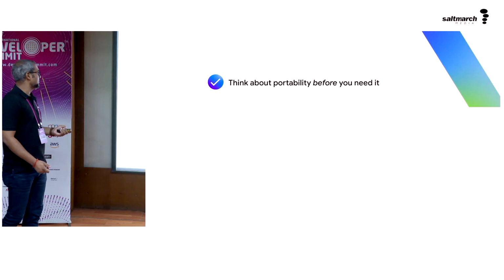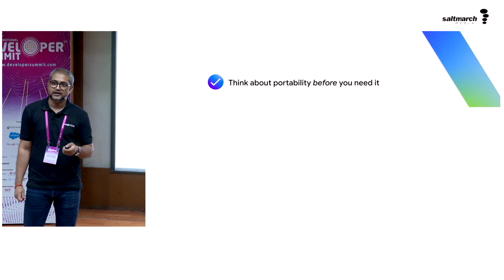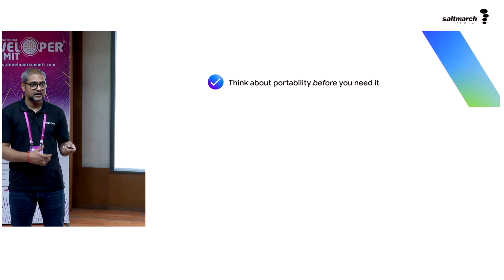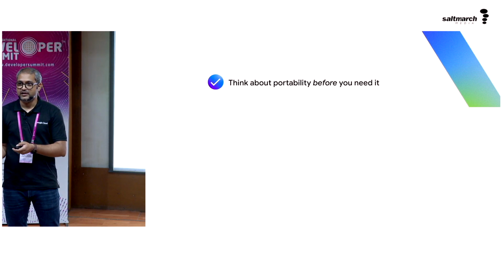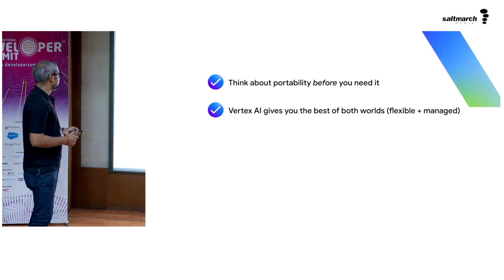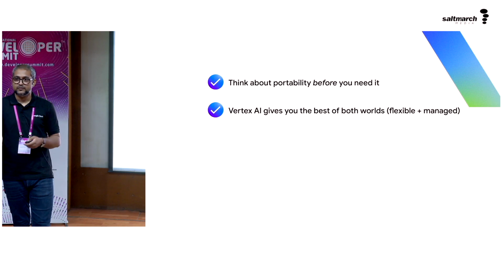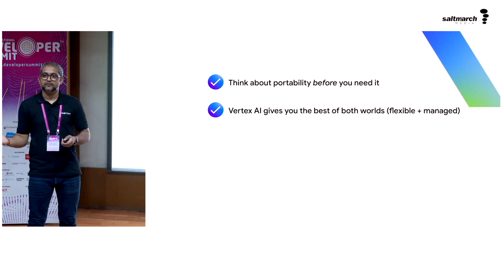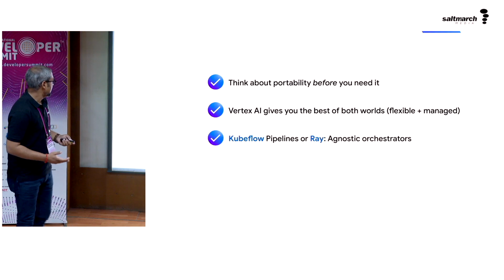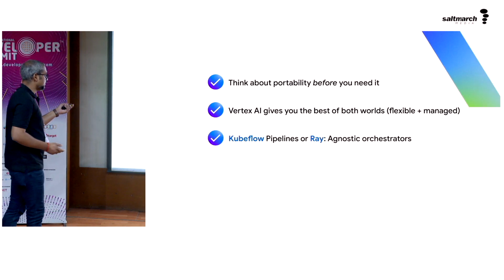So the key thing to remember is think about portability before you build any MLOps pipeline or any solution. It can be an ML solution or it can be any UI application as well. Second thing is Vertex AI gives you flexibility of using both Vertex AI components as well as open source components. It is also a completely managed service, so that completely offloads the ops part. And the pipeline that can be used is Kubeflow pipeline or Ray.